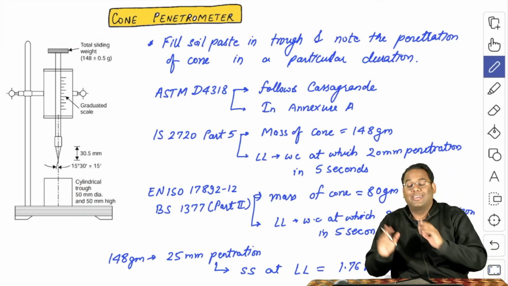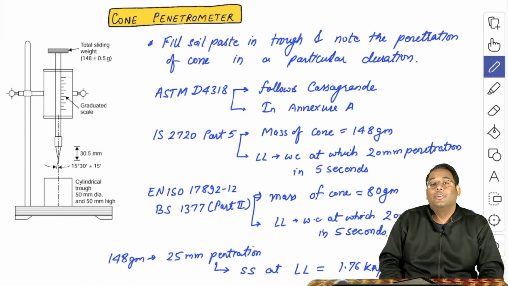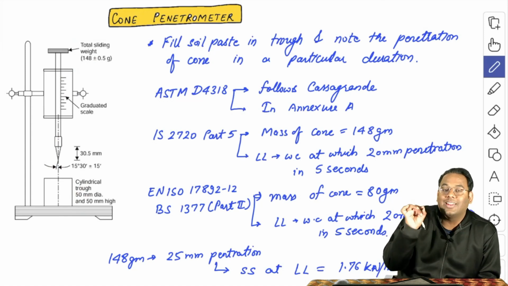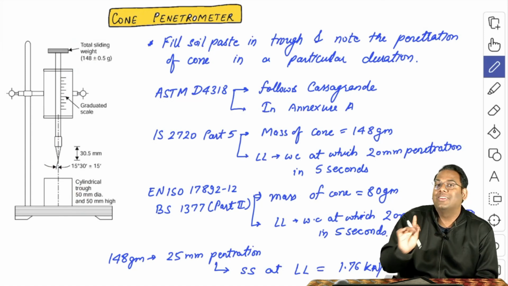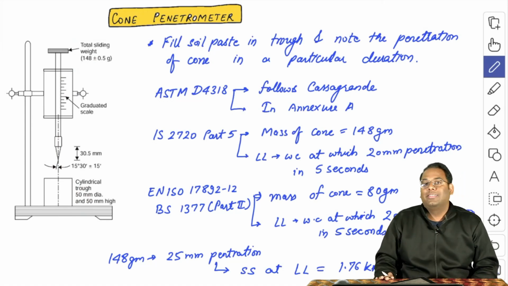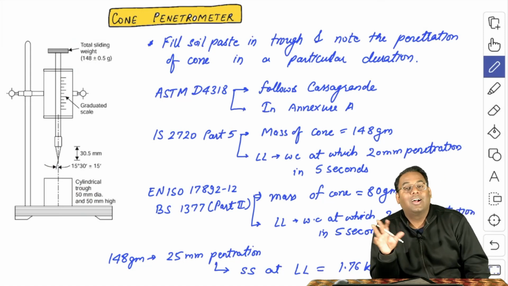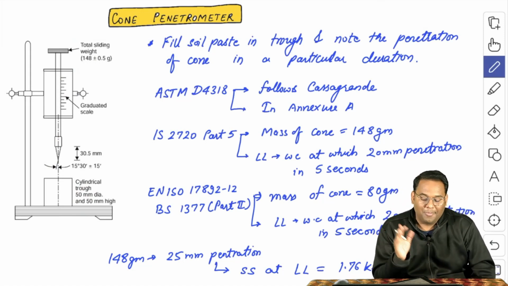And in the Casagrande approach, which is common for all the codes, you saw that the shear strength at liquid limit was 2.7 kilonewton per meter square. But in the cone penetrometer, the strength is slightly less as compared to the Casagrande approach.